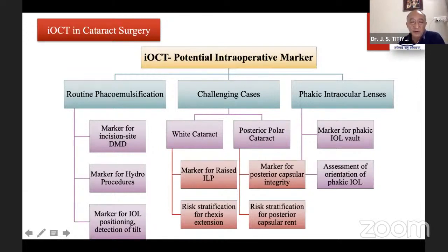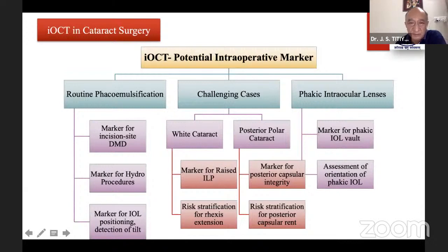Then most importantly, in challenging cases it has a great role in on-table assessment, and also tells you the dynamicity of each step of your surgery in difficult cases like white cataracts, hard cataracts, posterior polar cataracts, and subluxated cataracts. It does have an impact in improving your surgery.